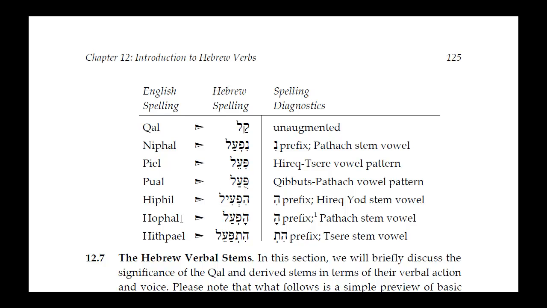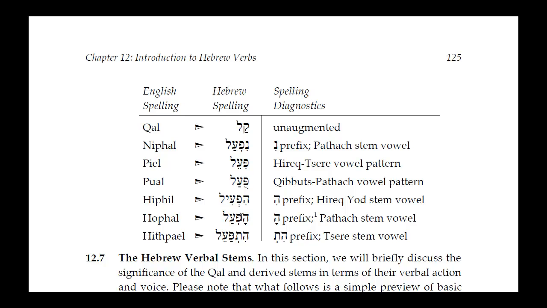You have the hophal in here, which has a hey here. And now this is not a qamets, this is qamets hatuf here. Then you have the non-vocal shewa, because this is closing the syllable, hof-al. And then you have the patach as the stem vowel.